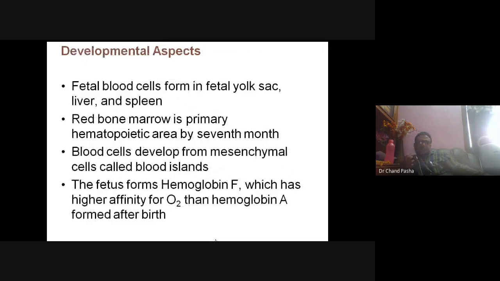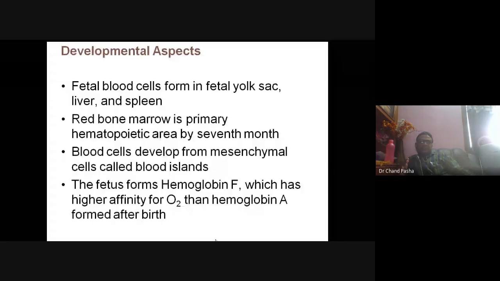And the developmental aspect: fetal blood cells form in the fetal yolk sac, liver and spleen. Red bone marrow is the primary hemopoietic area by 7 months; before 7 months, the yolk sac, liver and spleen play an important role, and subsequently the spleen works as a destructing area. Blood cells develop from mesenchymal cells called blood islands, and the fetus forms hemoglobin F, which has a higher affinity for oxygen than hemoglobin A formed after birth.